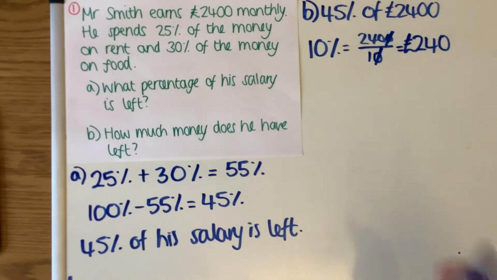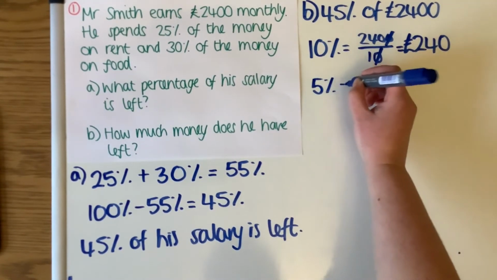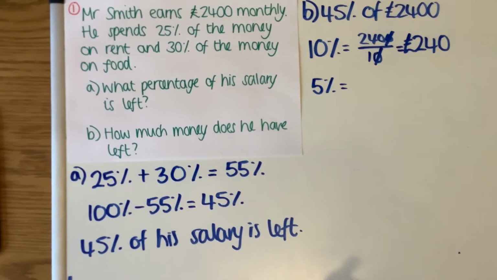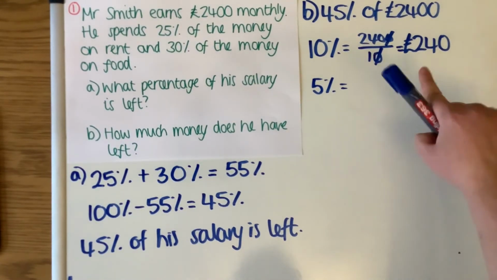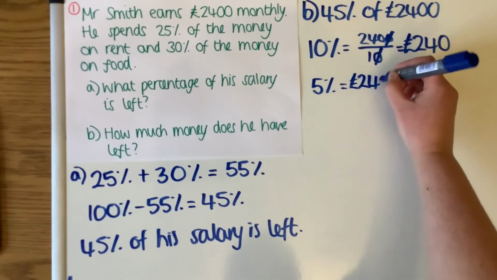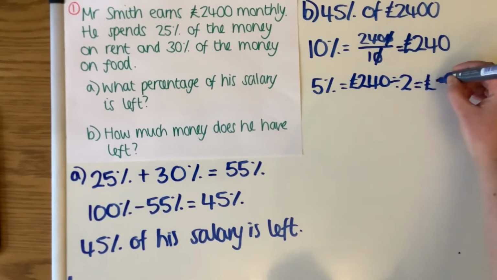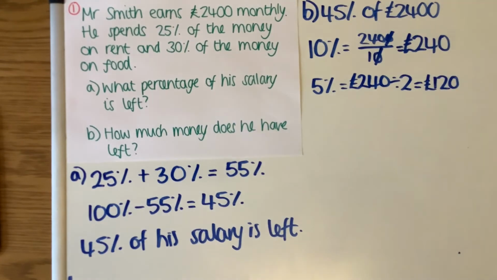Because I'm working out 45%, what I'm going to do now is work out what 5% is first of all. To work out what 5% is, I do my 10% total and divide it by 2. So 240 divided by 2 is £120.